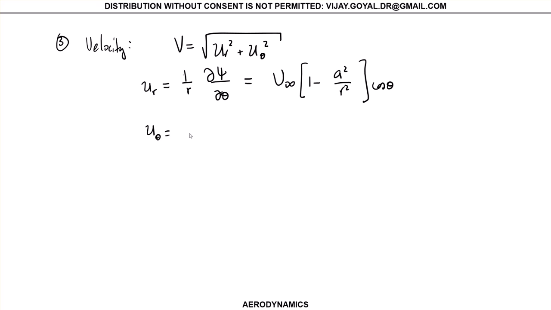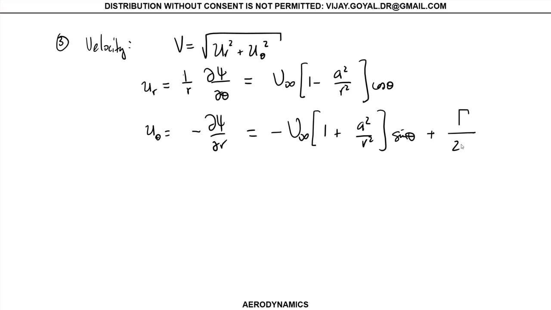And u_theta is minus partial of psi with respect to r, which gives you minus U infinity times 1 plus a squared over r squared times sine of theta, plus gamma over 2 pi r. Okay.